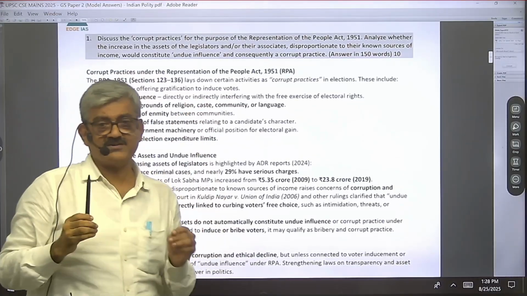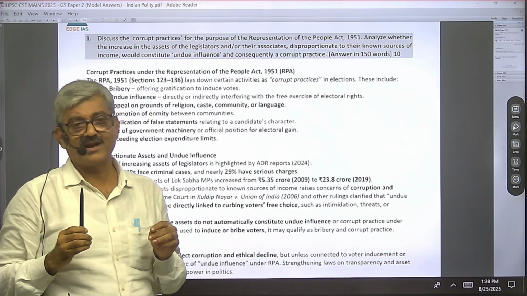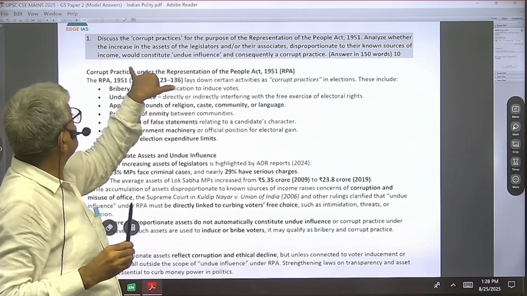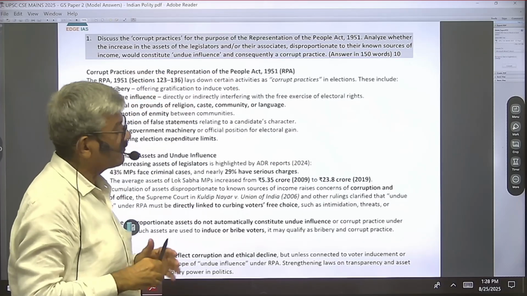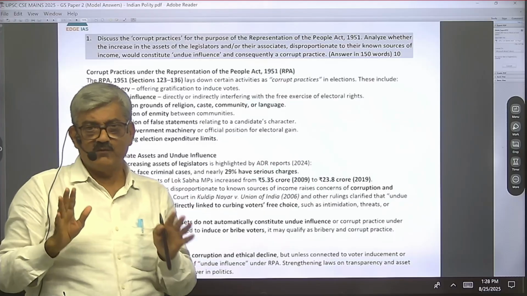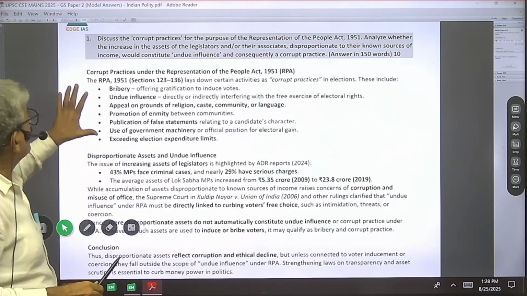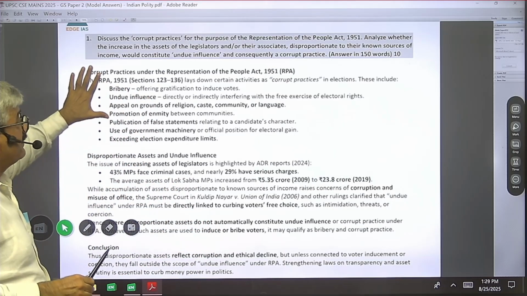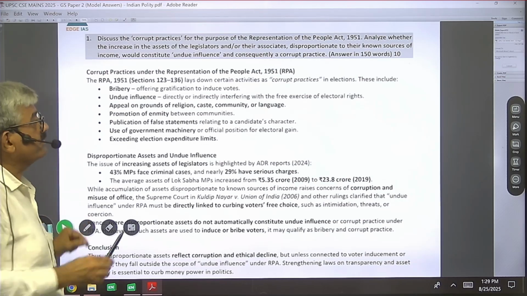The very first question is on the RP Act: discuss the Representation of People's Act 1951. Very important question. And you see there is a twist in the question.